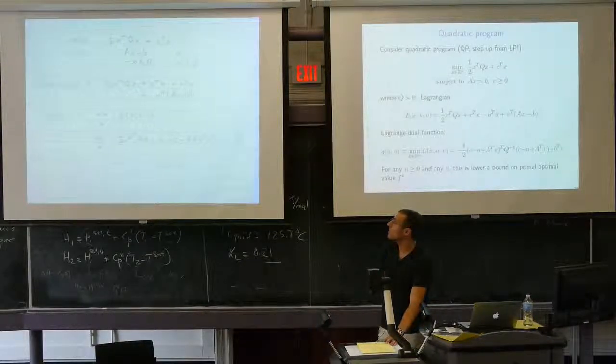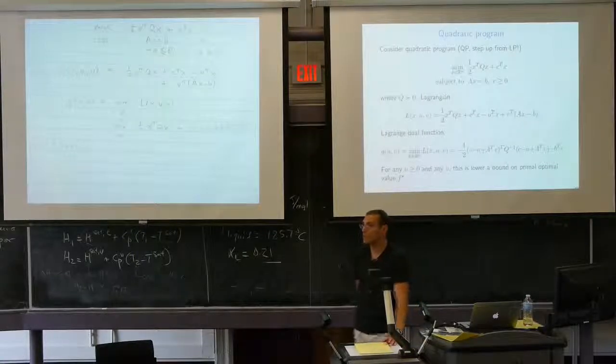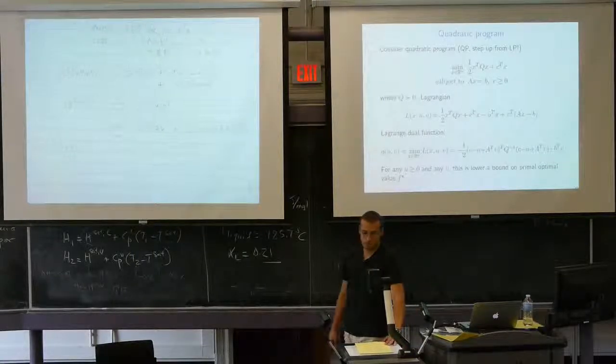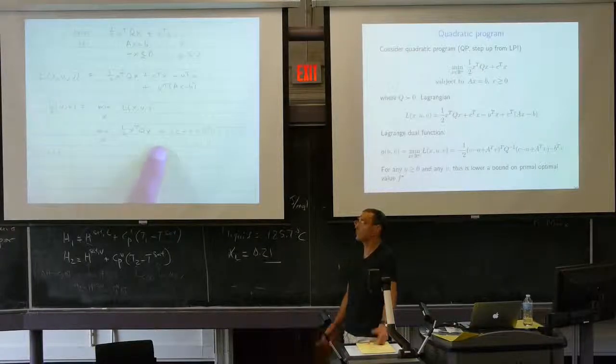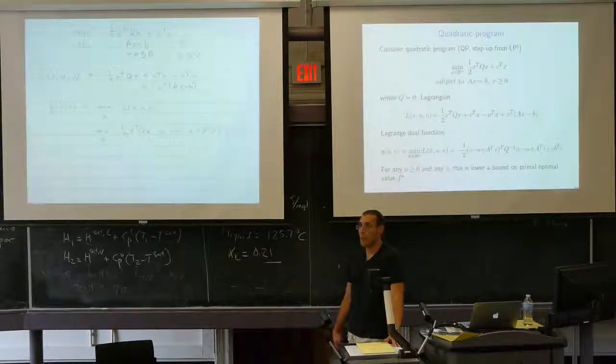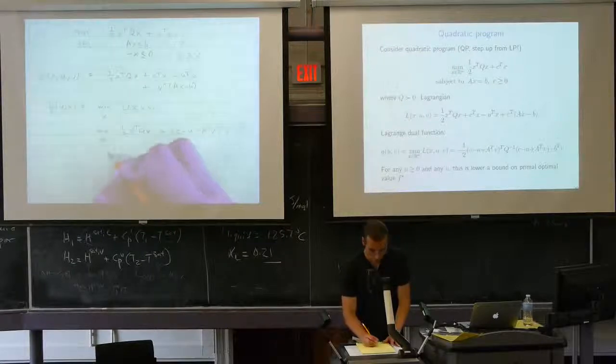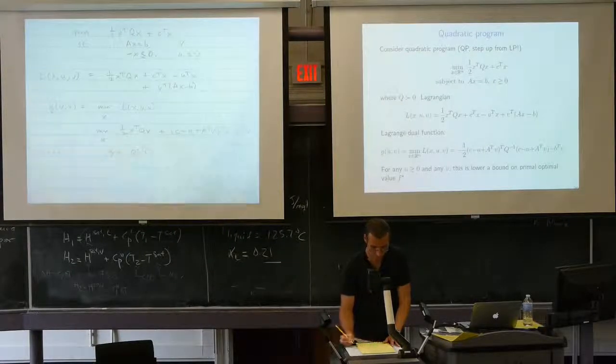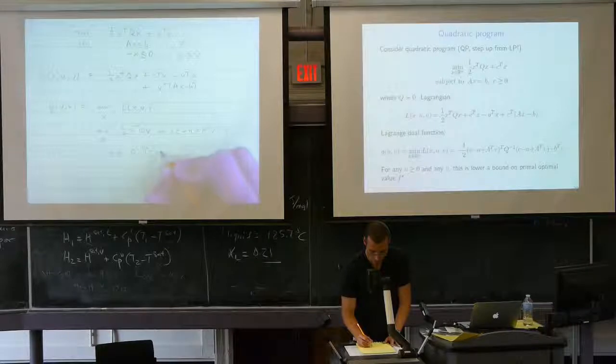Just think about that, and the same is true for the matrix world. So what's the value of x I would stick in to get the minimum first? Q inverse (c minus u plus A transpose v).